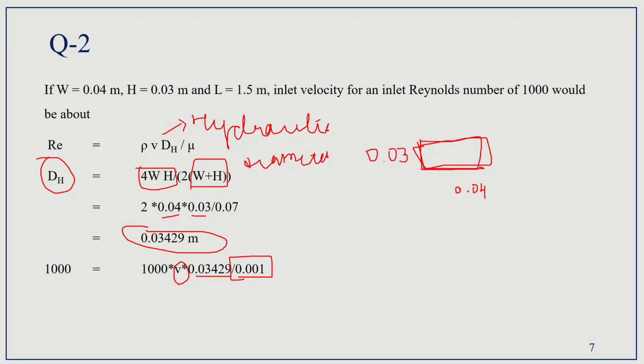To calculate the velocity, all the other terms go to the other side. So 1000 gets cancelled, and V is equal to 0.001 divided by 0.03429. We get this V value as 0.0291, which is about 0.03 meter per second, which is what is asked in the question.